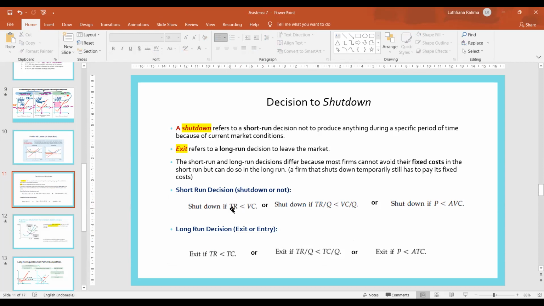They have to shut down if the total revenue is below the variable cost, right?